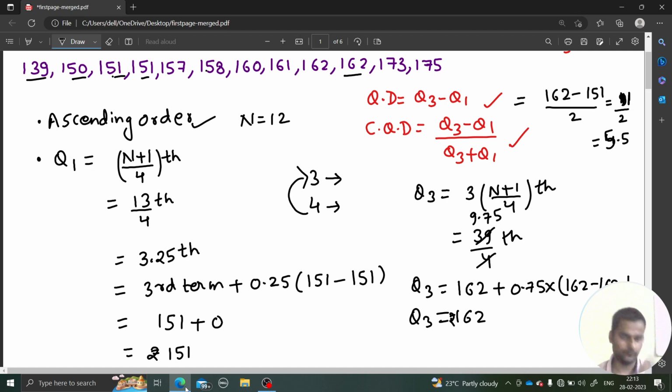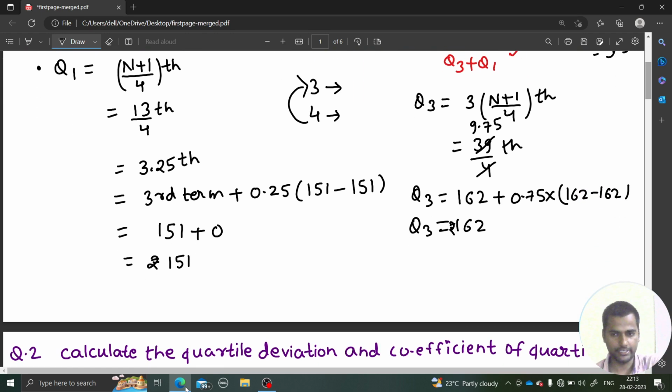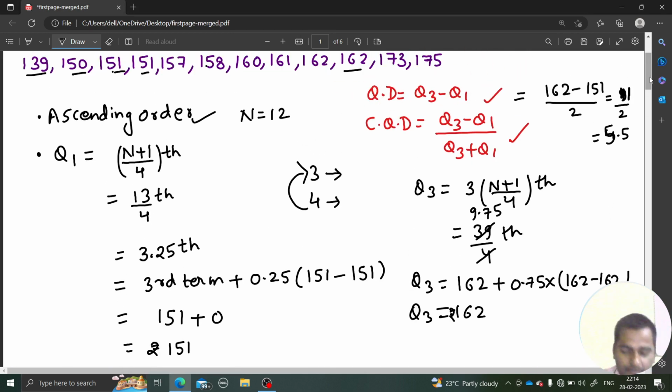Although it was not asked, if they ask you to find the coefficient of quartile deviation, let me take my calculator, because I will need it for further problems as well. The coefficient of quartile deviation is Q3 minus Q1, which came out to be 11, divided by Q3 plus Q1, so 162 plus 151.